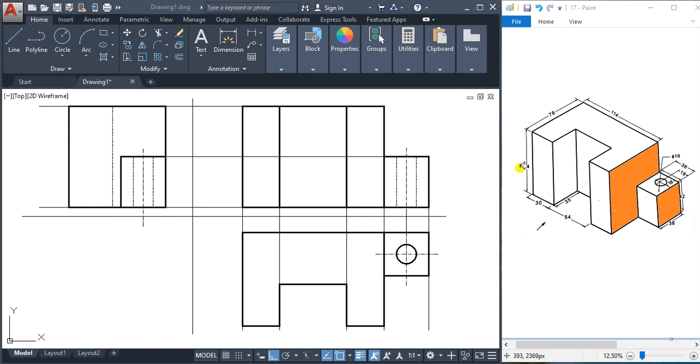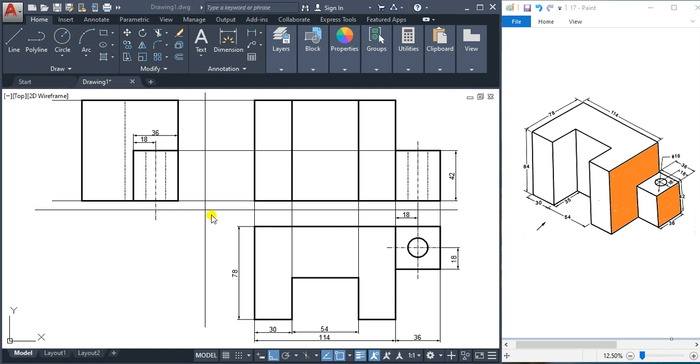So like this we can draw a dotted line to represent this recess or slot. So like this you can draw the side view of this object. So this is a way to draw front view, top view and side view of this object, and here we'll indicate the dimensions also.